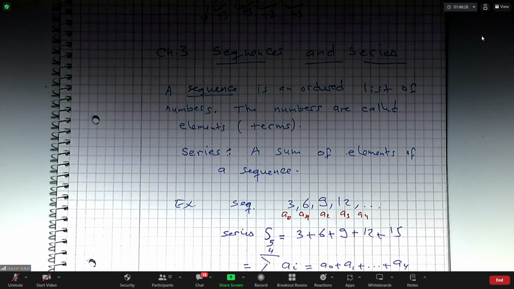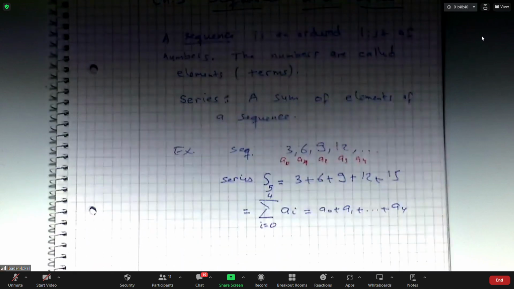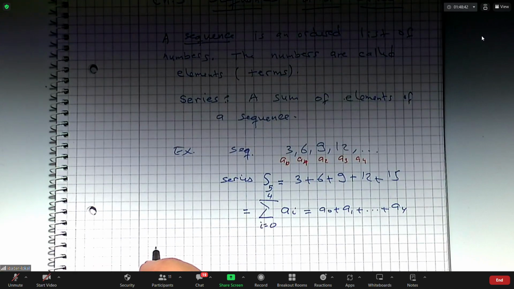A series is a sum, and the sequence is just a list. So in general, we will now talk about the different ways of notation.